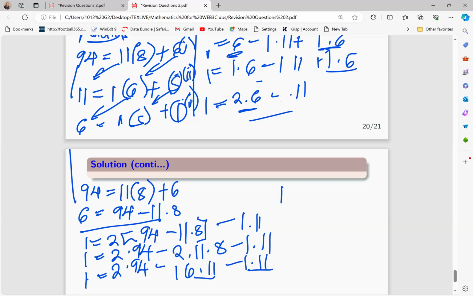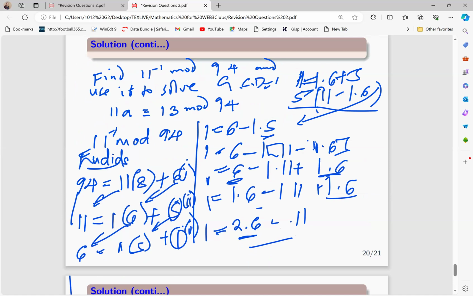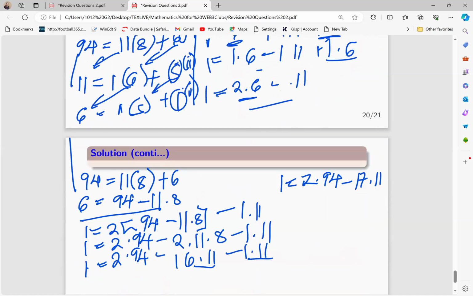So it becomes 1 is equal to 2 times 94 minus 17 times 11. Then we're looking for the inverse of 11. So the inverse of 11 is this value here. So it's 17.